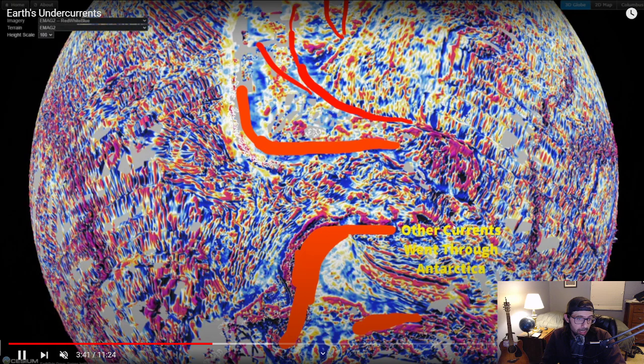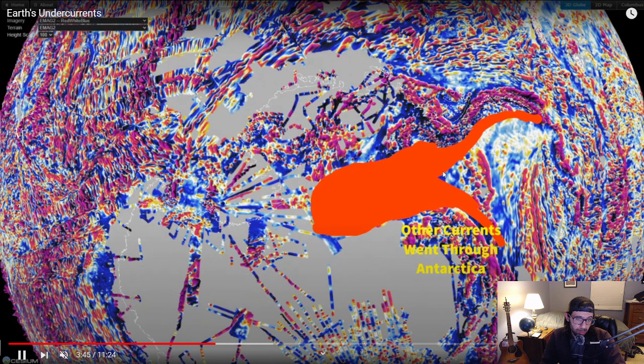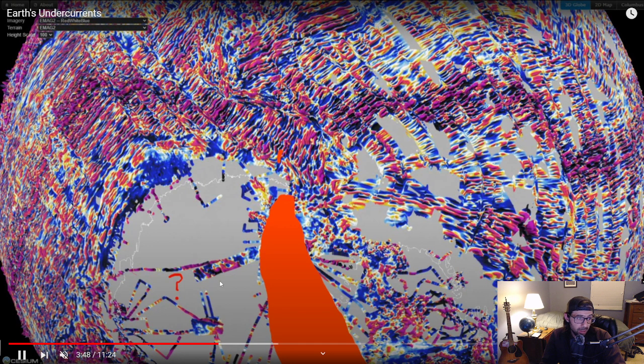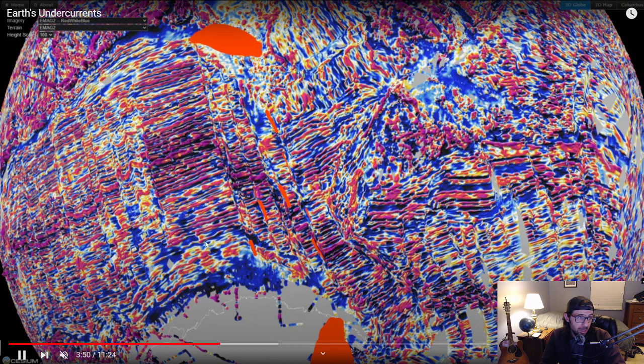Okay. Other currents went through Antarctica, which I put a little question mark on because this is just not enough data. I would like to have something to say about Antarctica, and it is a somewhat educated guess to assume that there's nothing that would materially change the interpretation of the currents based on the lacking data, just based off of the seafloor.